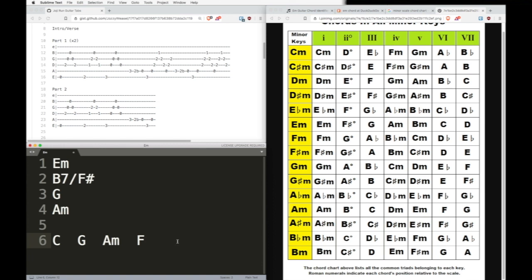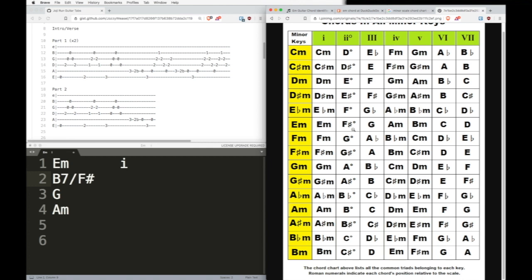So I'll go more into this later, but looking at this chart and these notes, you can kind of see that if we're in a minor key of E minor, which this song is in, then you would be on this row right here. So if we assign Roman numerals or numbers to each of these chords, this E minor is the 1 or the I. This B7, it's kind of like this 5, except not really, because the root is on an F sharp.